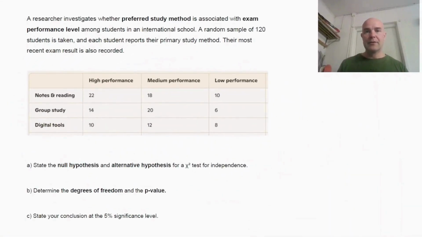And here is our question. First of all, it says state the null hypothesis and alternative hypothesis. Of course, we don't need a calculator for that. Then determine the degrees of freedom and p-value. And lastly, state your conclusion at the 5% significance level.